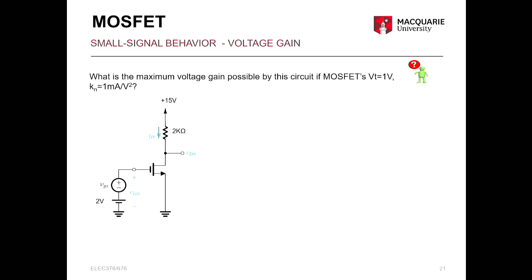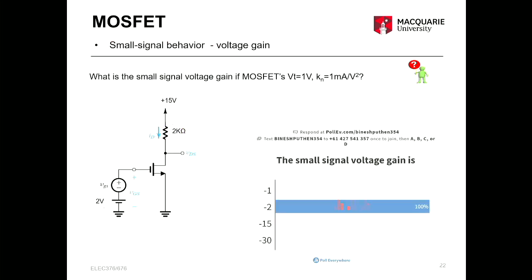Yeah, so AV is equal to negative GM RD. So RD is known, GM is not known. But can you find GM out? How do you find GM?